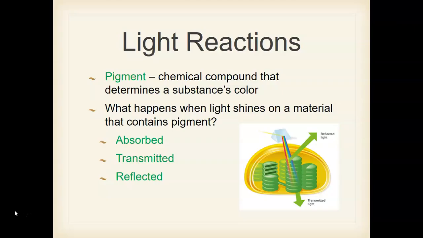So sunlight comes in, it contains all the colors of the rainbow. Some of the energy and some of the colors associated with that energy will get absorbed by the pigment in your plants. Some of it's going to get transmitted and some of it's going to get reflected.